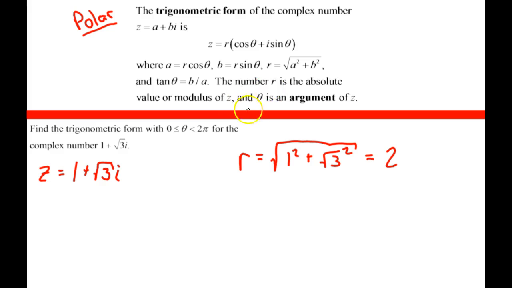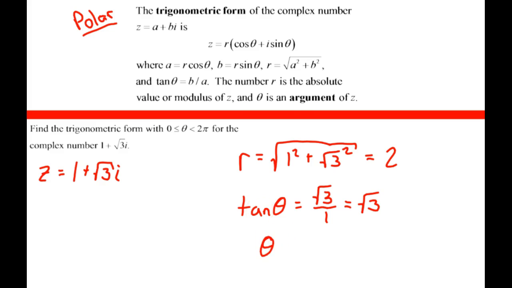Now I need to find the value of theta. We're told the tangent of theta is equal to b over a. So the tangent of my angle theta is going to be equal to my b value, which is radical 3, divided by my a value, which is 1, which just simplifies down to radical 3. Now to get theta by itself, we would have to take the inverse tangent of each side of the equation.